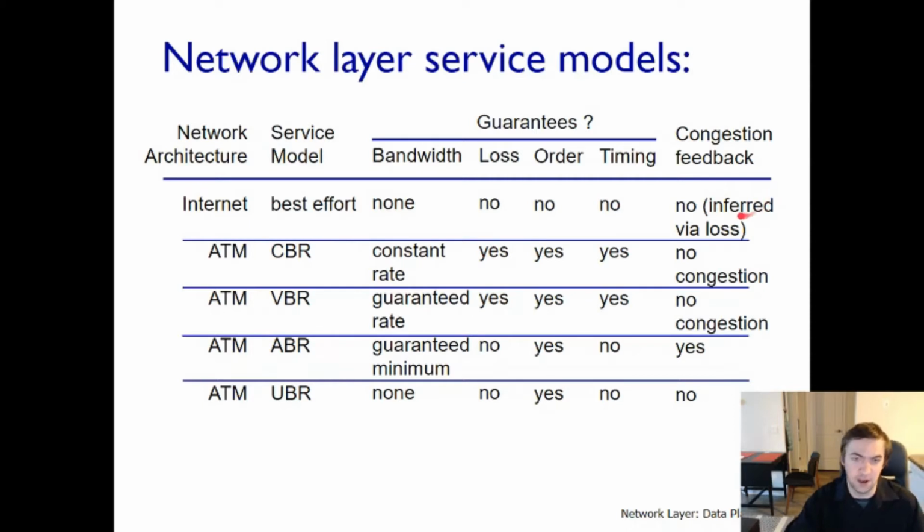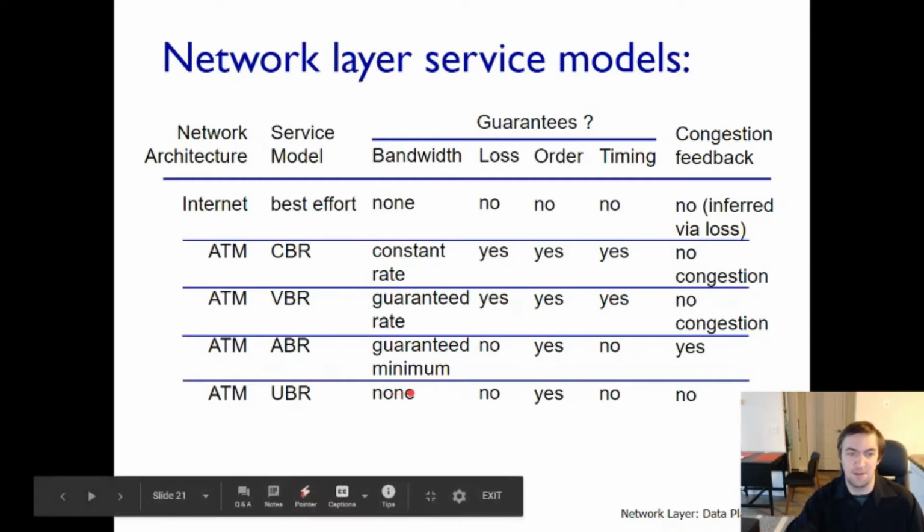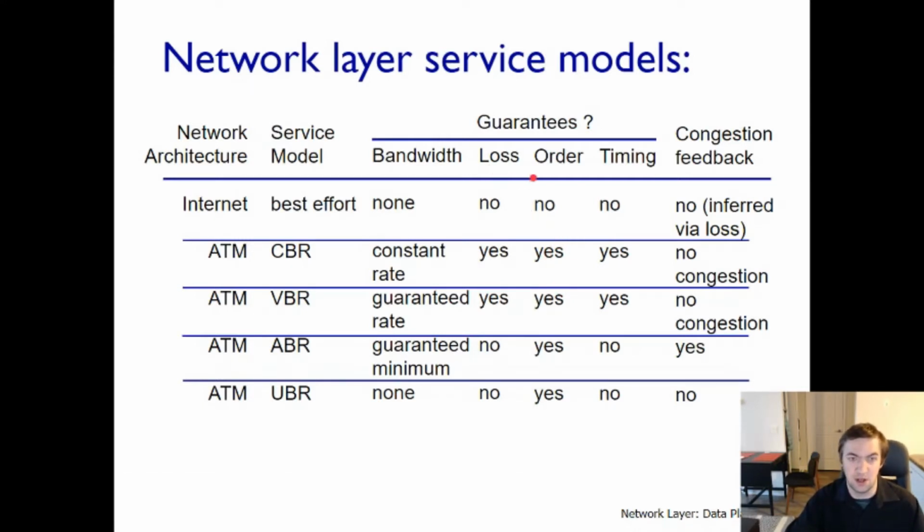It's inferred via loss. Meanwhile, for an ATM network, constant bit rate may guarantee a constant rate, variable a guaranteed rate, available has a guaranteed minimum, and unspecified may have no guarantee of bandwidth. And each of these also varies with regards to whether or not packets can be lost, if the order is right, or what the timing will be, and also the feedback of their congestion.